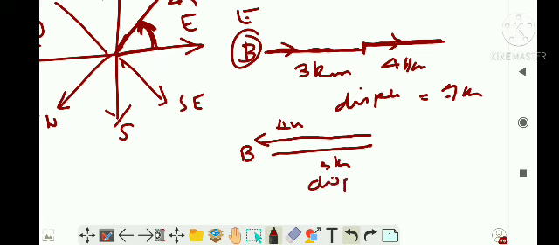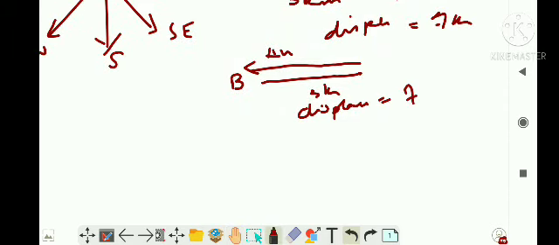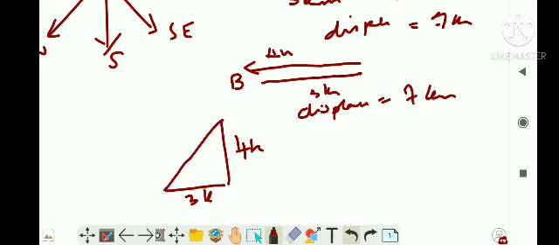If you had not known about displacement at all, you would have written that Bala again has traveled 7 kilometers. Now the same Bala goes 3 kilometers like this, then 4 kilometers like this, and you are asked what the displacement is. This is Bala's initial and this is the final position.